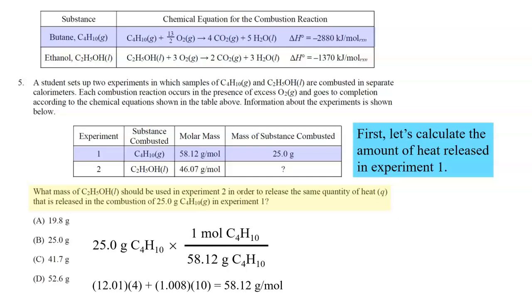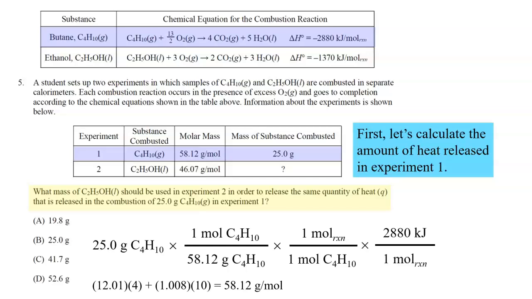That means that for every 1 mole of reaction, 1 mole of butane is consumed. Now, the delta H is negative 2,880 kilojoules per mole of reaction. So that means that 2,880 kilojoules of heat is released for every 1 mole of reaction.